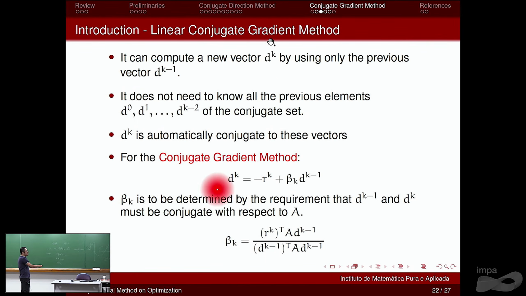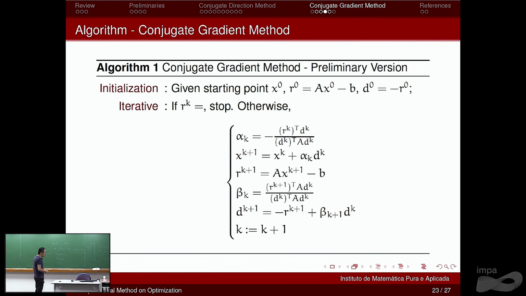So this definition of dk and the formula of beta k constitute the definition of the direction of the conjugate gradient method. Okay, so this is a theoretical version or preliminary version of the conjugate gradient method.